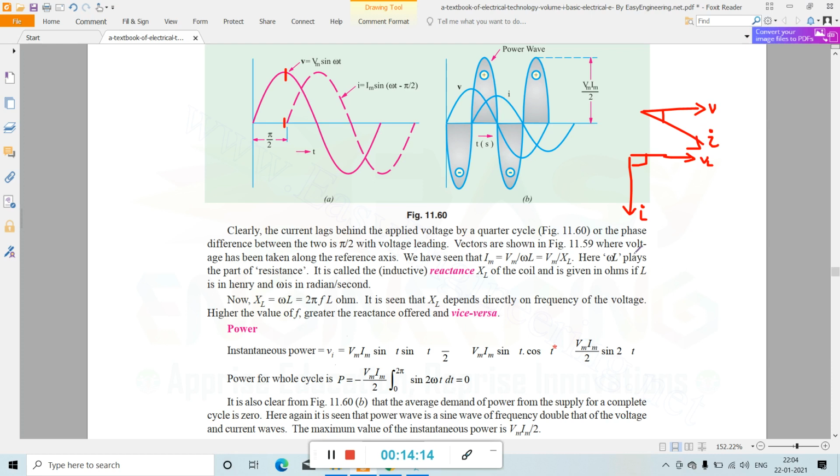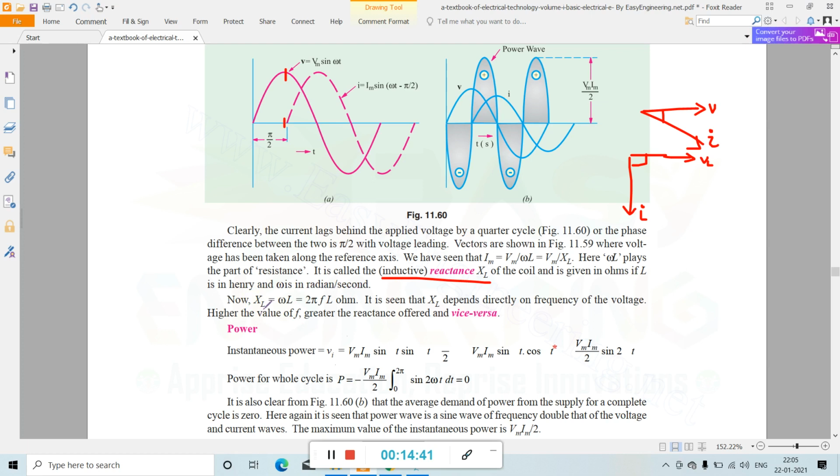So here the voltage has been taken along the reference axis, and we have seen that Im is equal to Vm by ωL or Vm by XL, where ωL plays the part of resistance. It is actually called the inductive reactance XL of the coil, and it is given in ohms if L is in henry and ω is in radian per second.